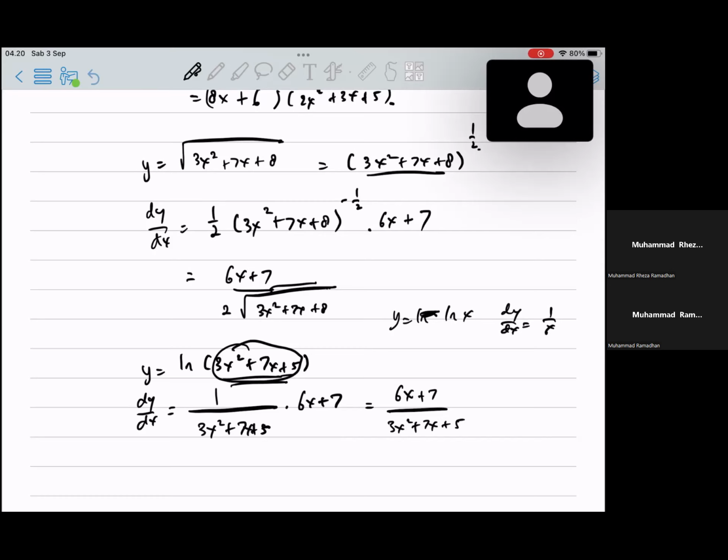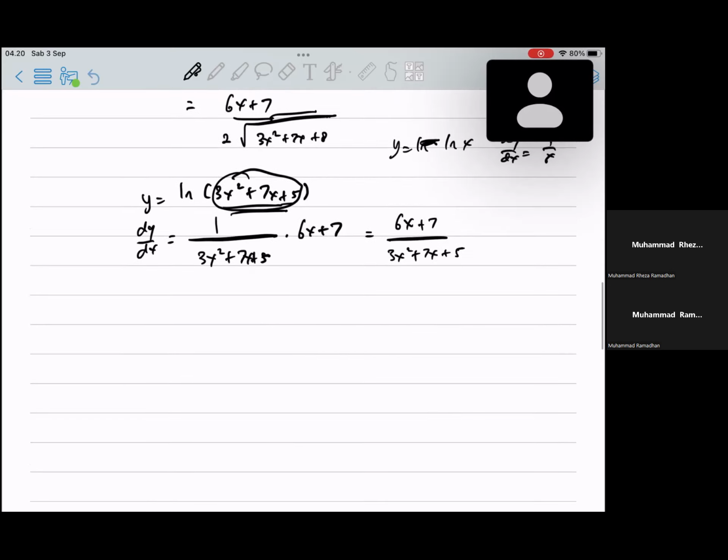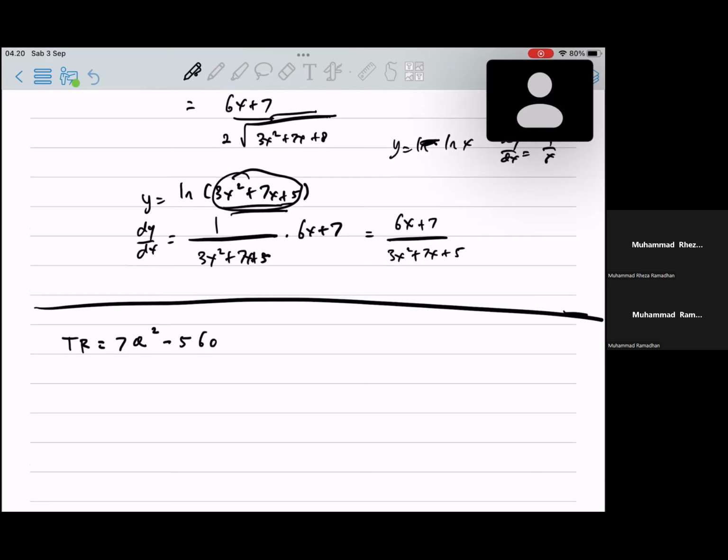And then what's the economic implication of the derivative? So if you have total revenue is 7Q squared minus 56Q plus 5, and you are asked about average revenue, so average revenue is TR over Q, I mean.